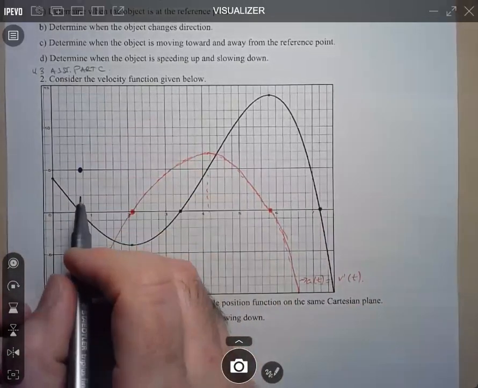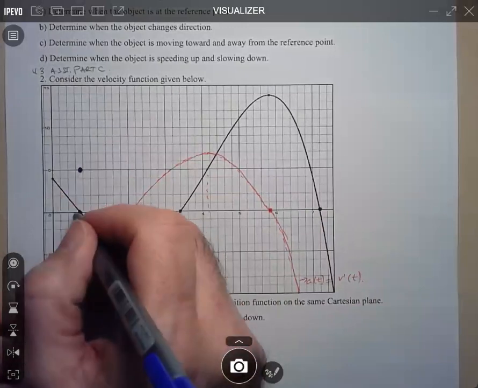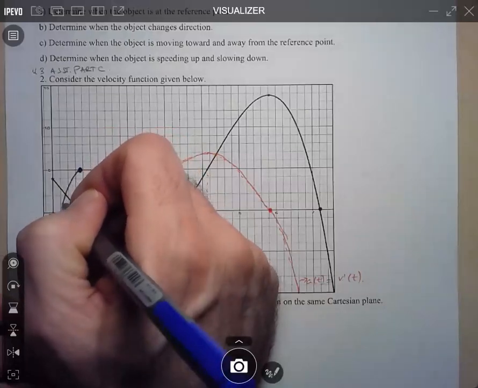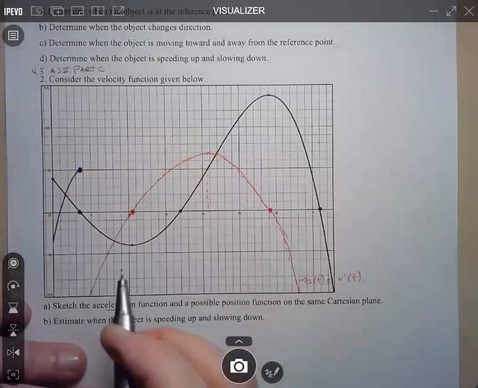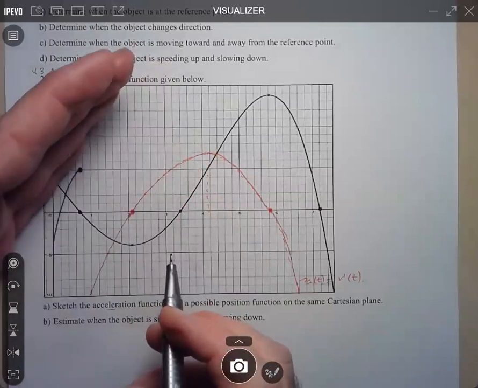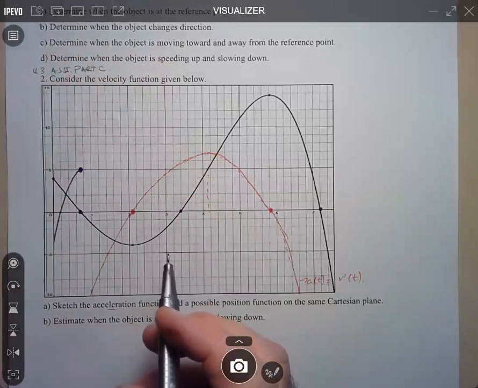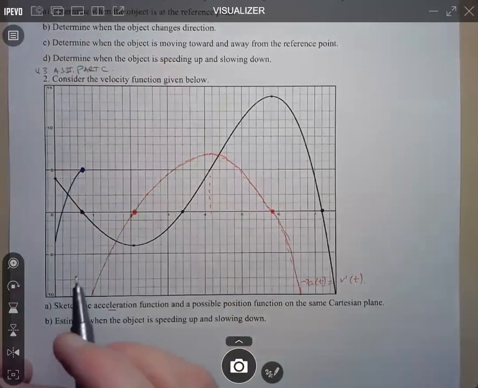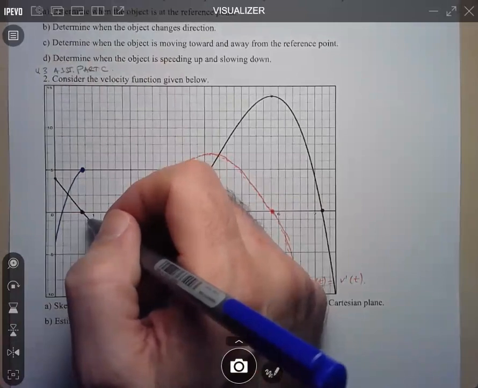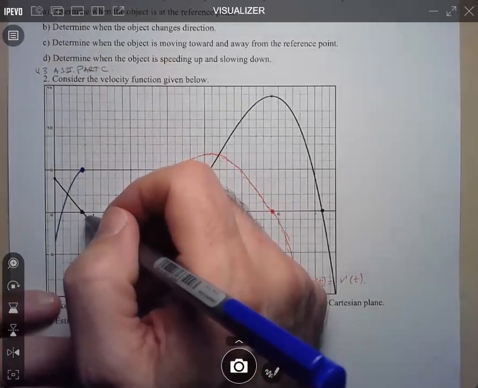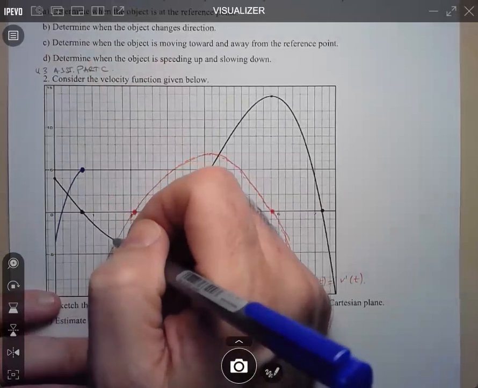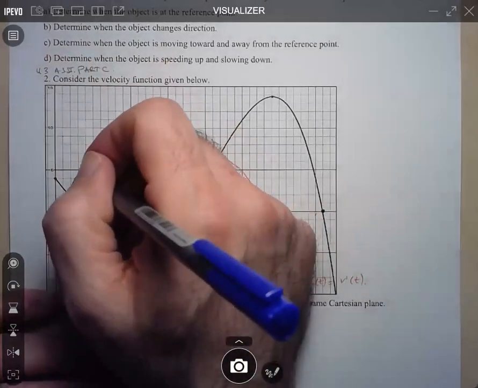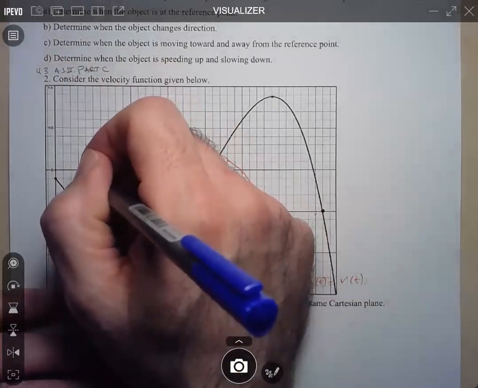At this point here, there's going to be a horizontal tangent, and to the left, the derivatives are going to be positive and getting more positive, because you look at the slopes of the tangents and you see they're getting bigger, as we see here. Now the derivatives of the function are going to become negative, and they're becoming more and more negative till about this point here, where they reach their steepest.